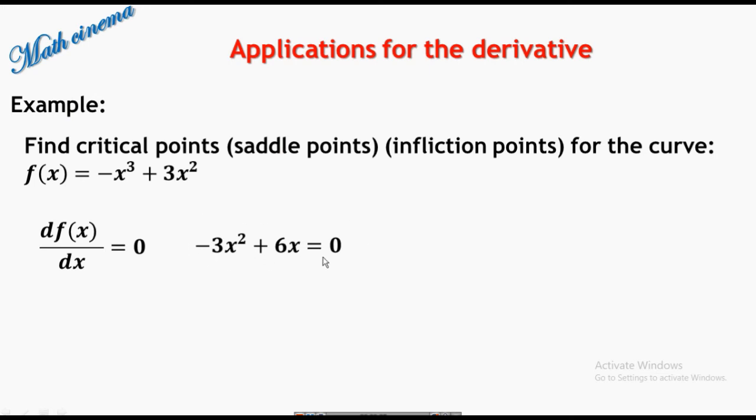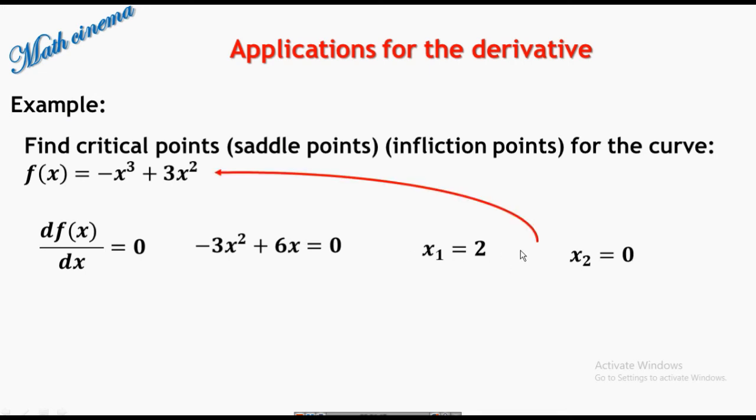So now we have a quadratic equation, and to solve this equation you are going to use the general formula or use your calculator. So x1 equals 2 and x2 equals 0. So you have two solutions, x1 equals 2, first solution, x2 equals 0, second solution.